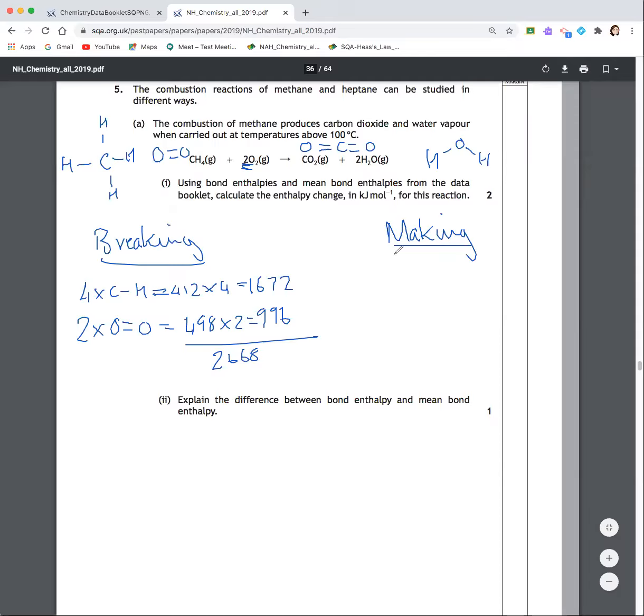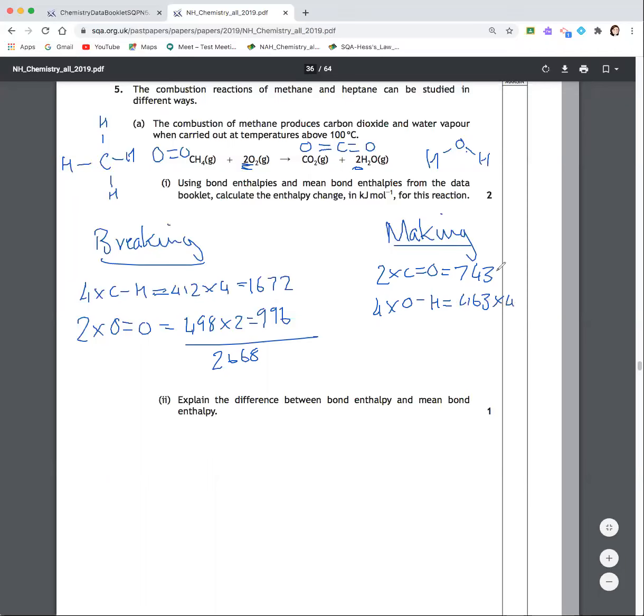Okay. Then you do the same thing for the bonds that you're making. So we're making 2 carbon double oxygen bonds, and then there's 2 moles of water, which means we're making 4 oxygen to hydrogen bonds. If you look up those energies in the data booklet, the double bond of carbon oxygen is 743, and the oxygen to hydrogen is 463.